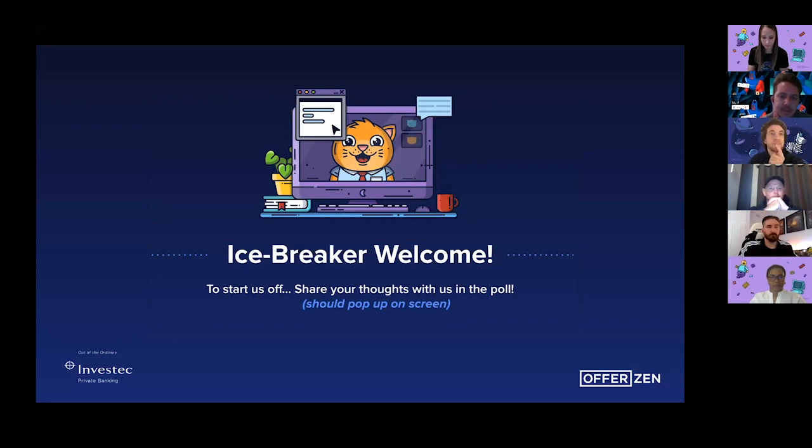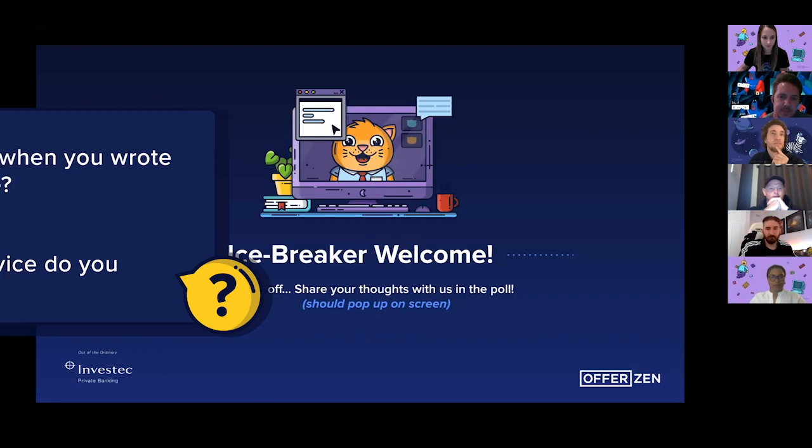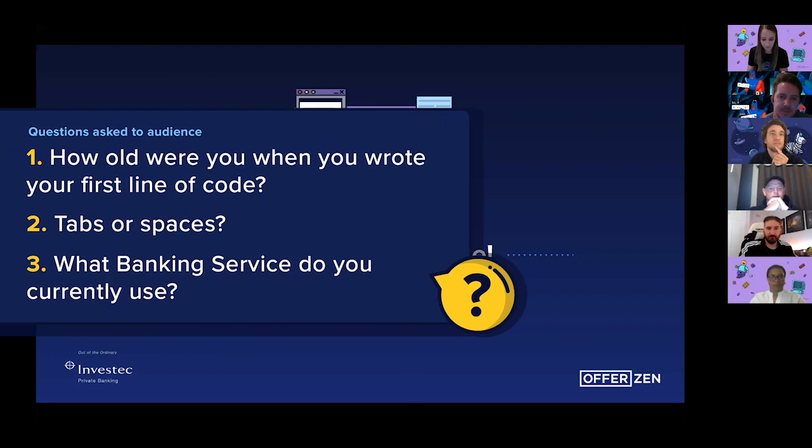I might be able to give you updates as we go. All right, audience is looking youngish. I mean, sorry, age of starting to code is looking youngish. Okay, the teens are taking over.